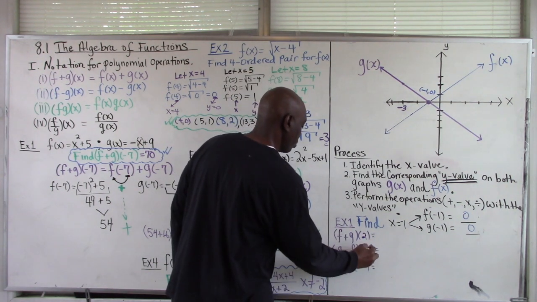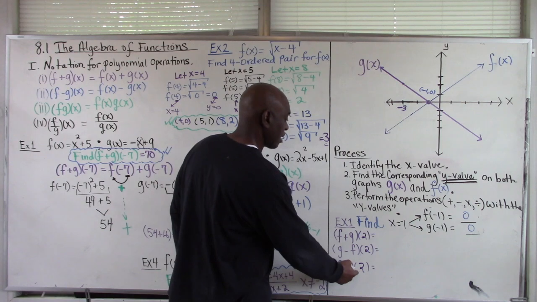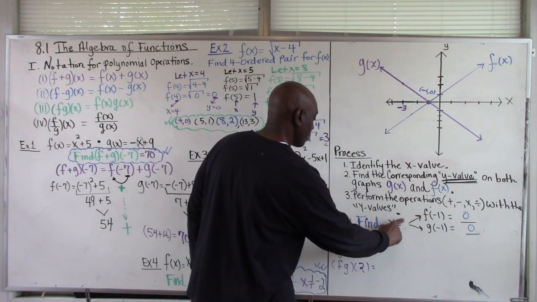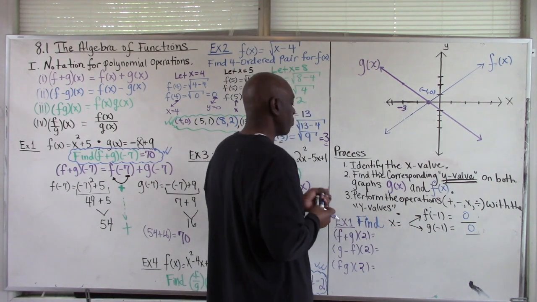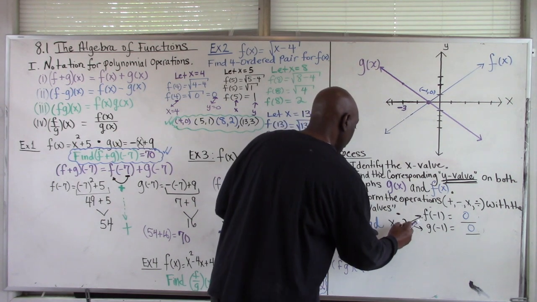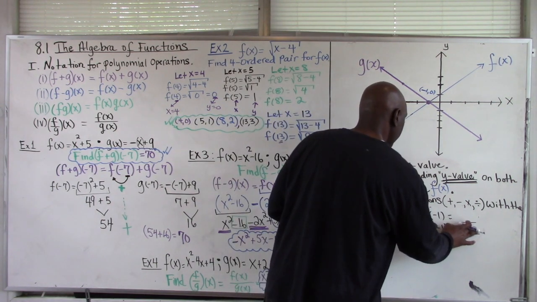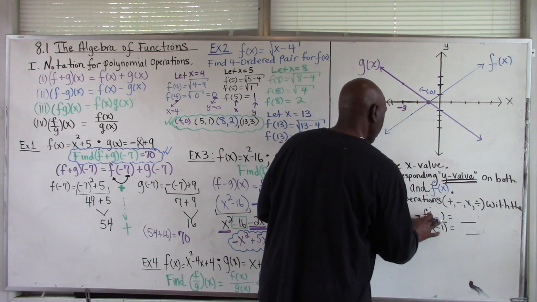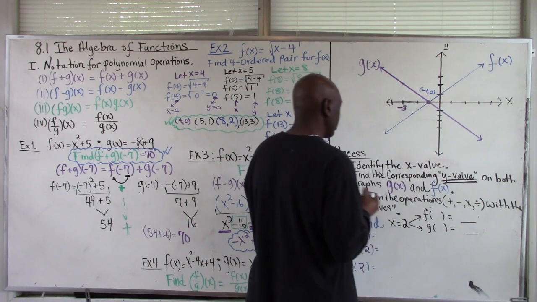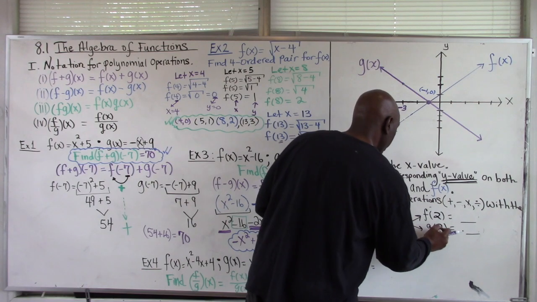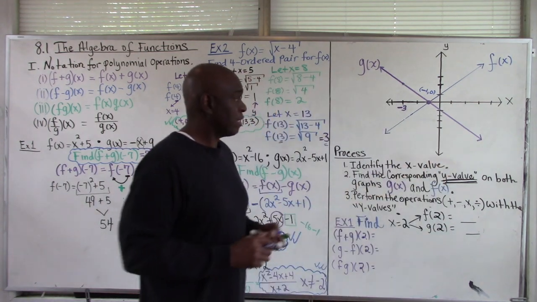Now the x value is 2. All right. I'm going to change this. So now my x value is 2. Okay. Let's find F of 2.